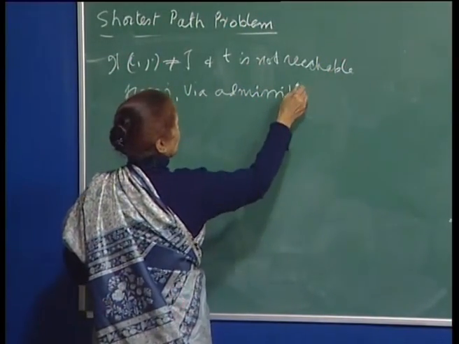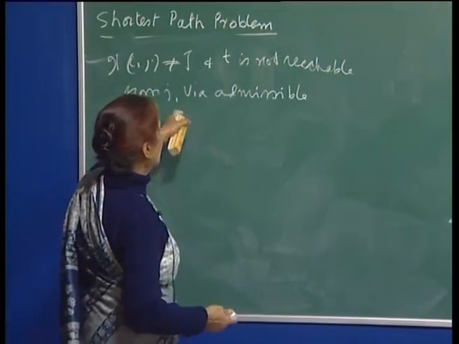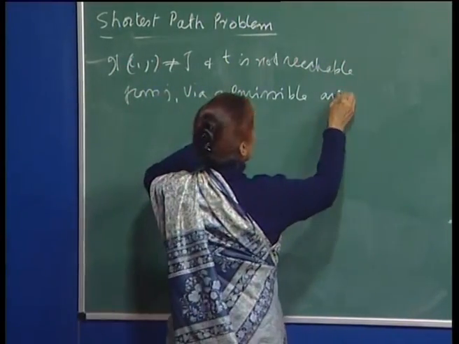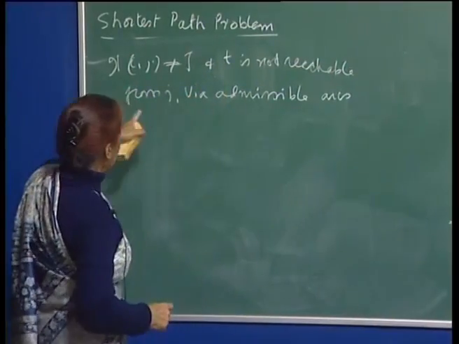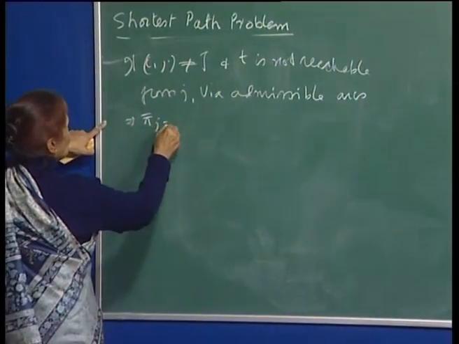Actually, this should be understood. I do not have to every time say it. Reachable means that I am using only admissible arcs, and T is not reachable. This would then imply that pi bar j is 1.